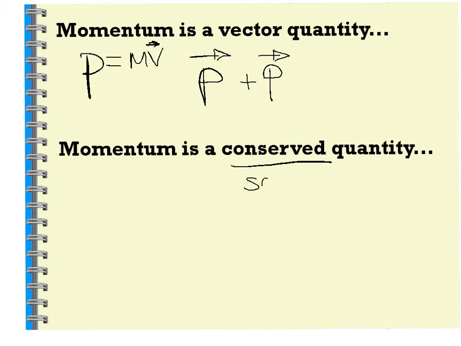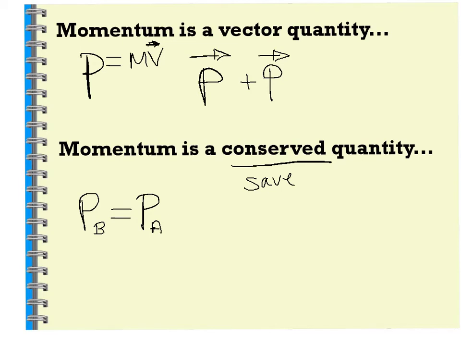Conserve means to save, and so before and after a collision occurs, so we say this is P before, we're going to have a certain amount of momentum, but it's going to equal the same momentum after the collision. So regardless of what type of collision it is, when that projectile hits the catcher's mitt, the momentum that was there at the point of collision is going to stay there.